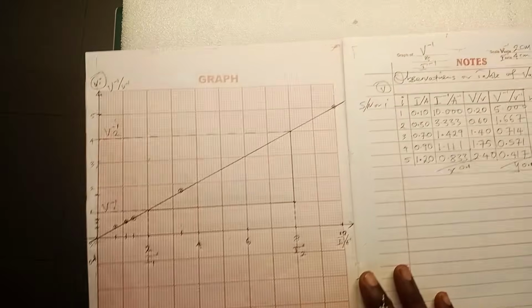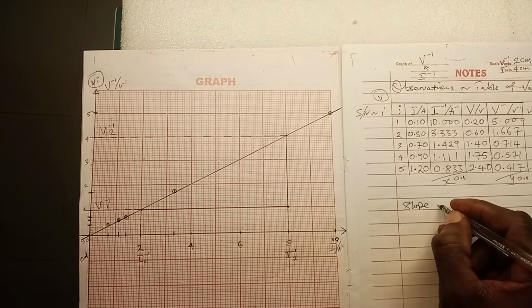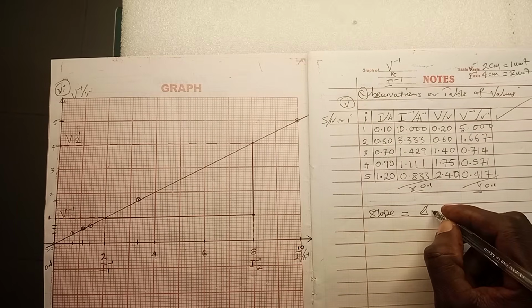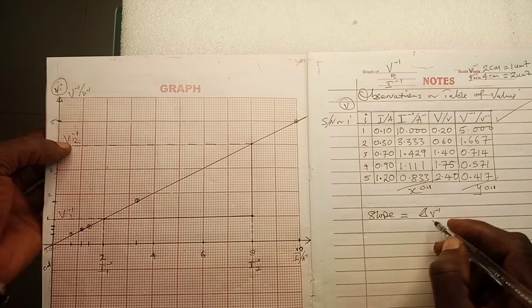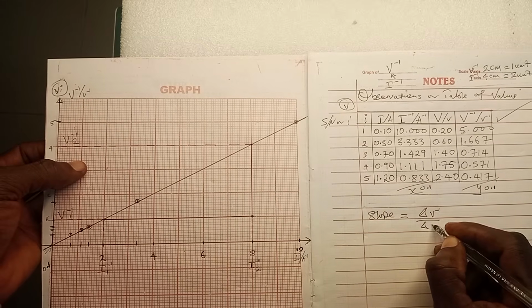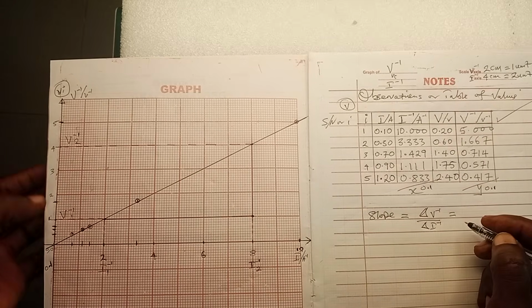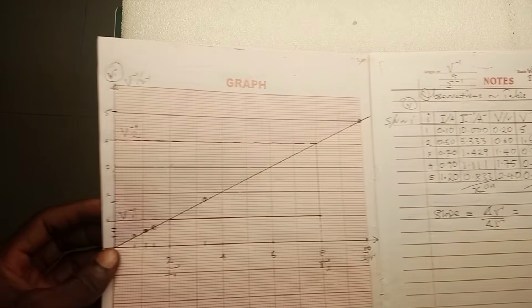Good. So the slope of the graph is simply given as change in V inverse divided by change in I inverse. These values are so neat.